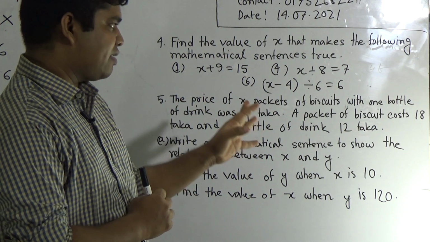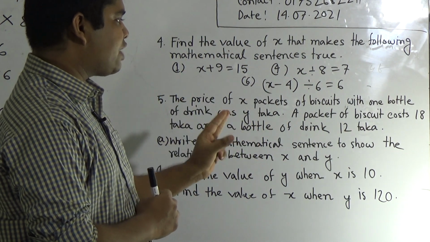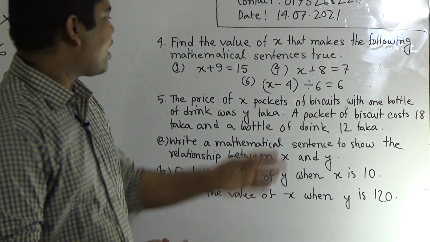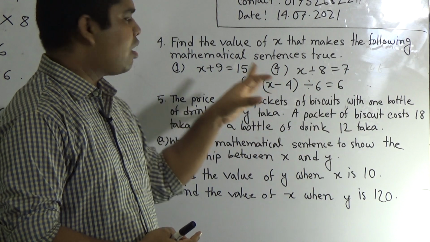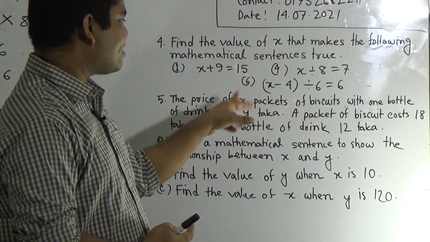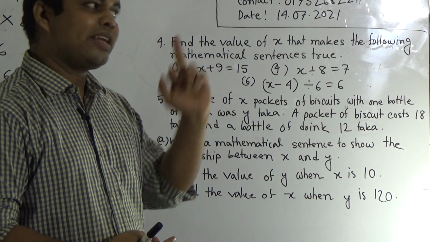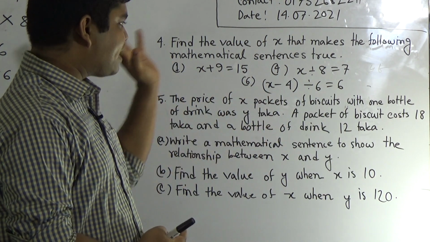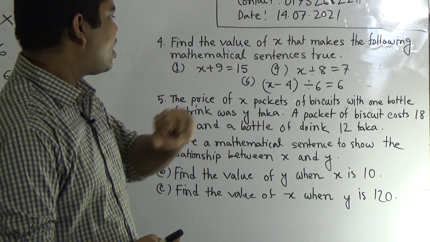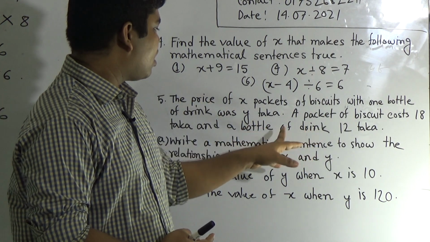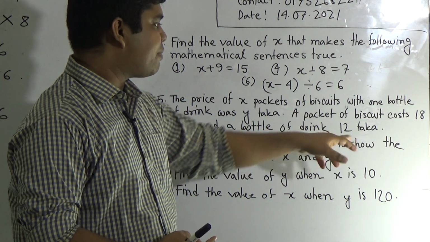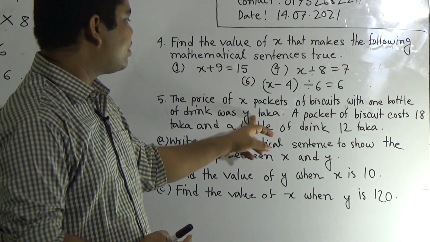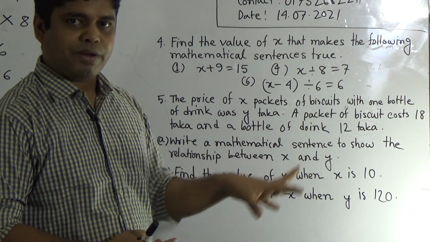So we need to find out the price of X packets of biscuits. We multiply 18 with X and we get 18X, which is the price of X packets of biscuits, and that is added with the price of 1 bottle of drink, that means 12 taka. That means 18X plus 12 equals Y, and that is the mathematical sentence.